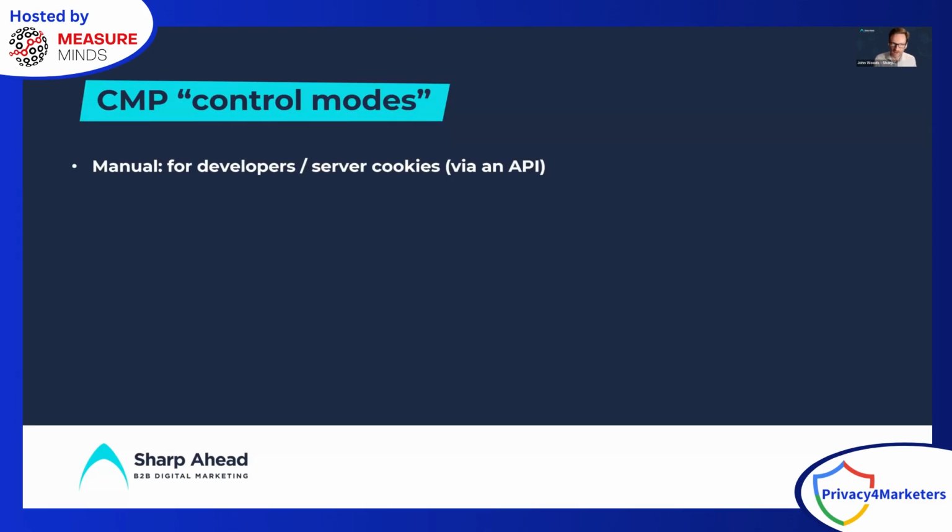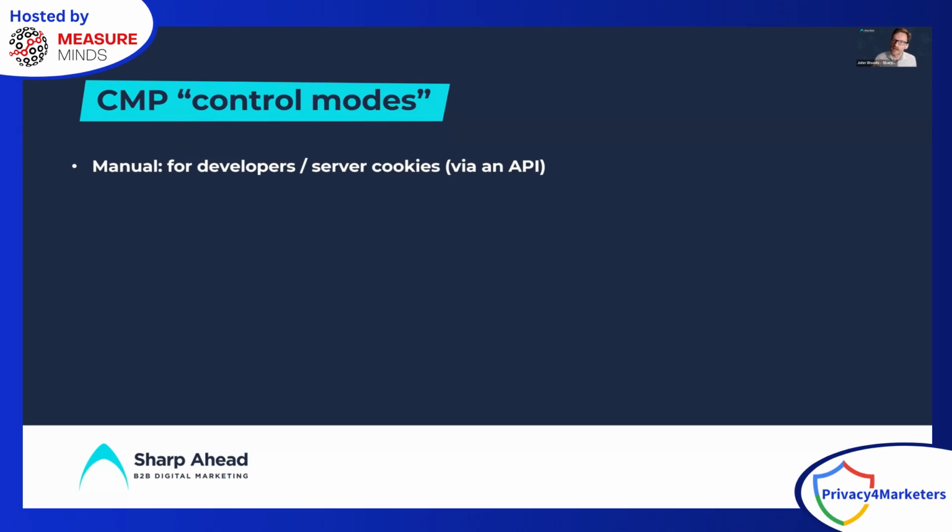Basically, there are three different ways of managing that control process within a CMP. So the first is, I'm going to call it manual. In other words, the CMP doesn't impose any control at all, but you or your developers can write code, can modify the code either of the web server's backend functionality or of the front end functionality that's done in JavaScript.